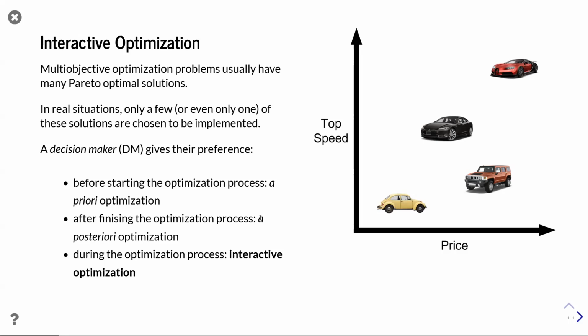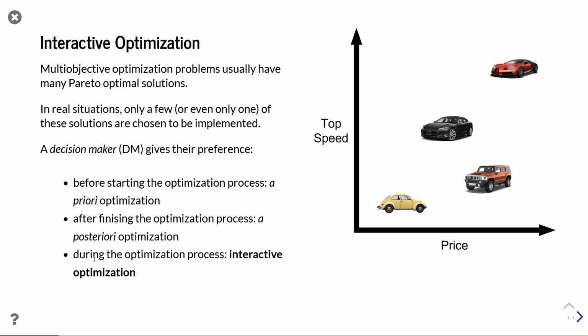And that can be a posteriori optimization. The simplest way of doing that is to just visualize all of these Pareto optimal solutions and then hope that the decision maker can choose one of them. But there are more sophisticated methods that support the decision maker in making decisions by making these choices a bit simpler.